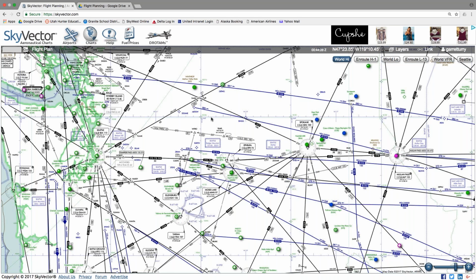We already know our wind direction. I have 15, but I don't know if that's right.